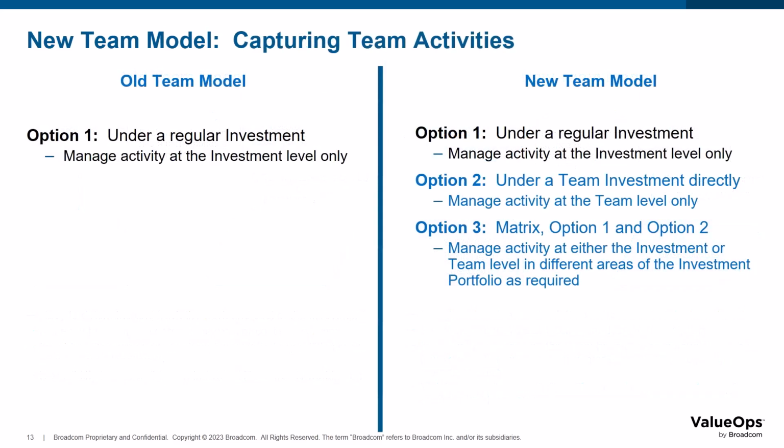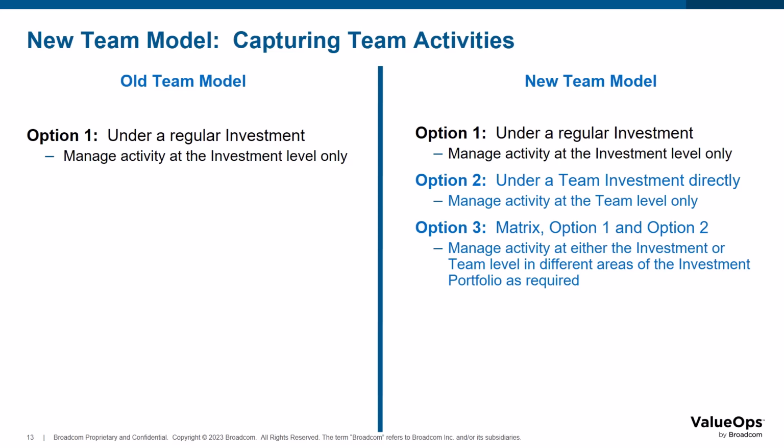And just to summarize this a little further, under the old team model, you really only had one option to use teams, and that is you could staff them under regular investments, and you could only manage the activity at the investment level.